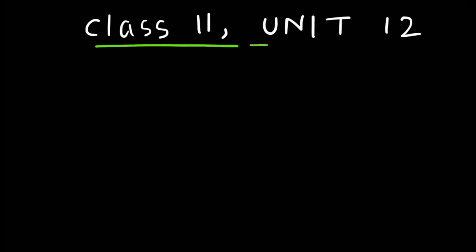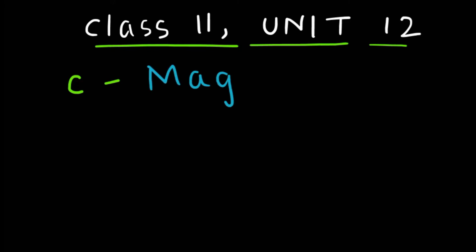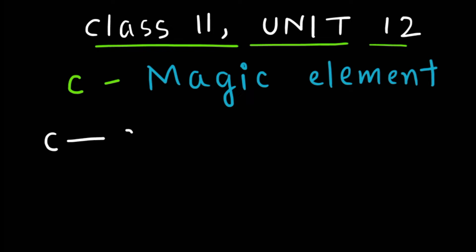Organic chemistry is mainly the chemistry of the carbon atom. Carbon is known as a magic element, because we have to study a whole book, or a whole topic, only about carbon, and that part is known as organic chemistry.